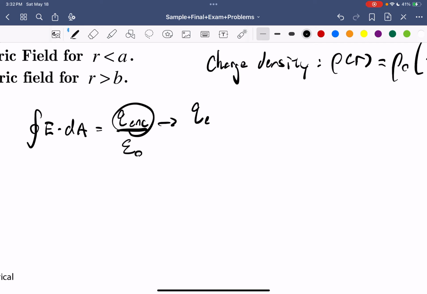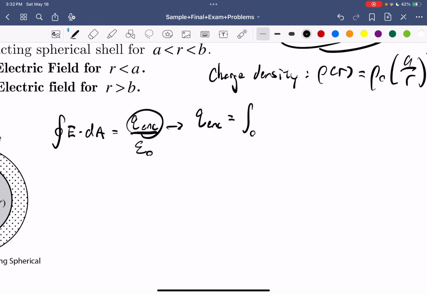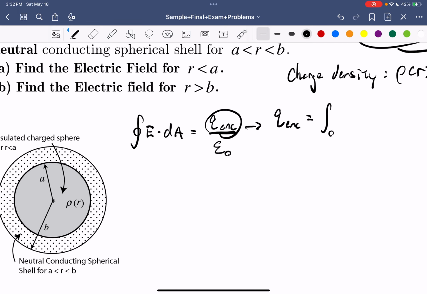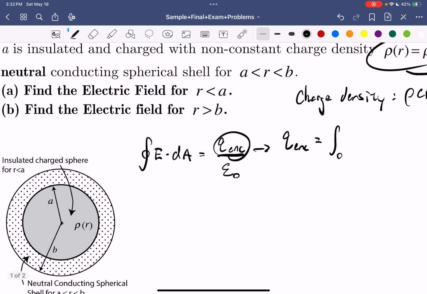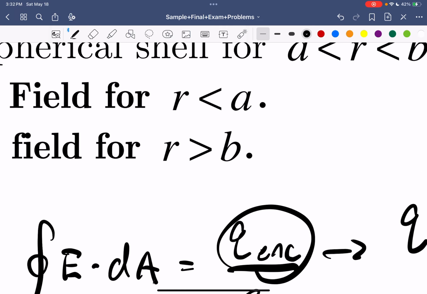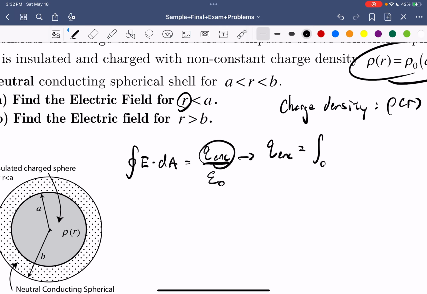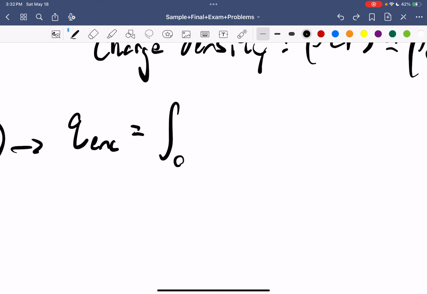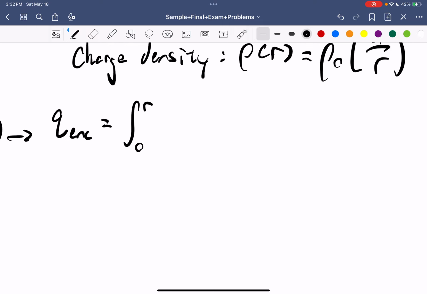Q enclosed, for this context, is going to be the integral from 0, the very center, of the volume of the sphere, all the way to r, which is what we're looking for. So that's the integral from 0 to r of rho(r').